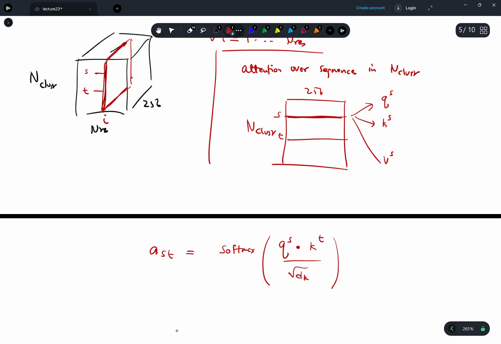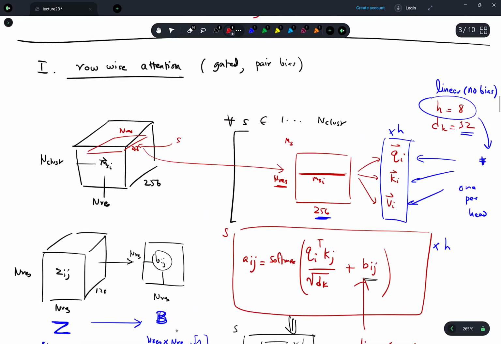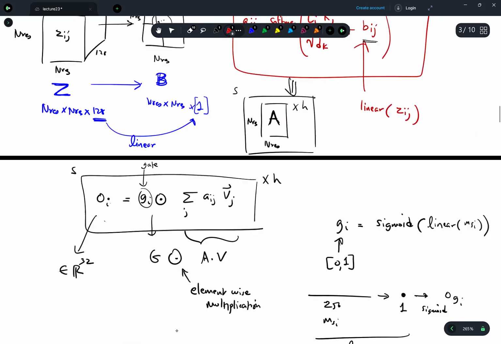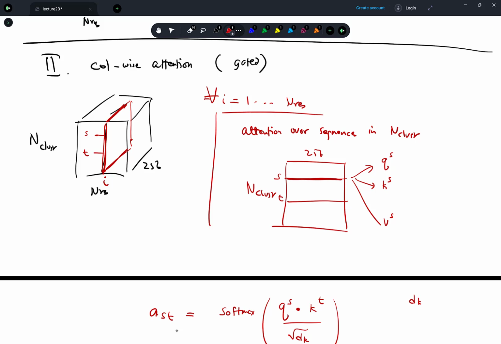By the way, they call it C here, so don't get confused. I use dk to match BERT, but they use the symbol C. C is 32 for the projection. So these are being projected into C space, which is a 32-dimensional projection space, and h equals 8.